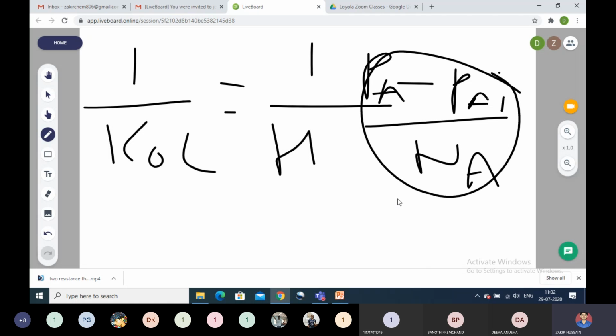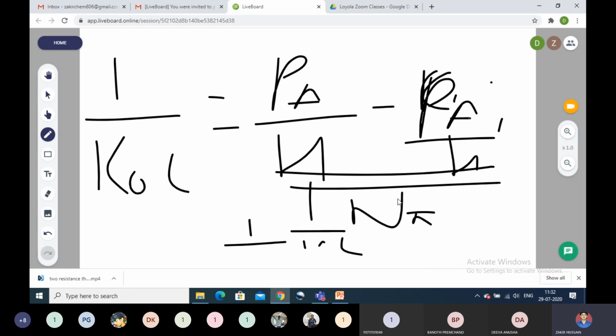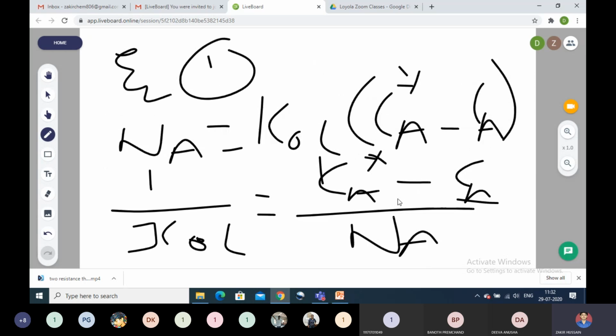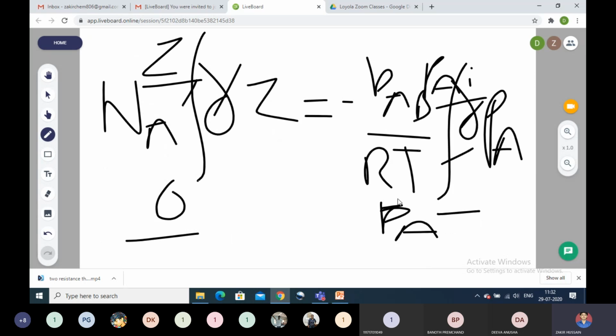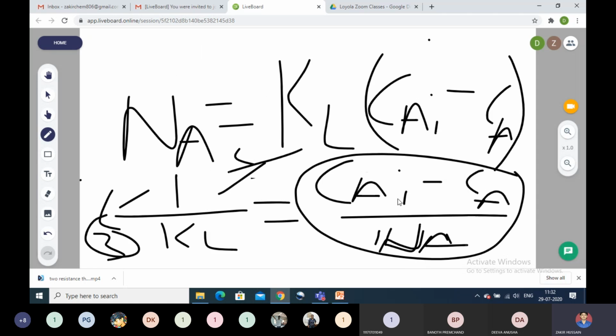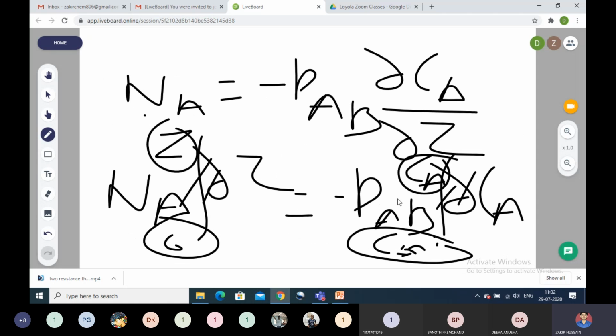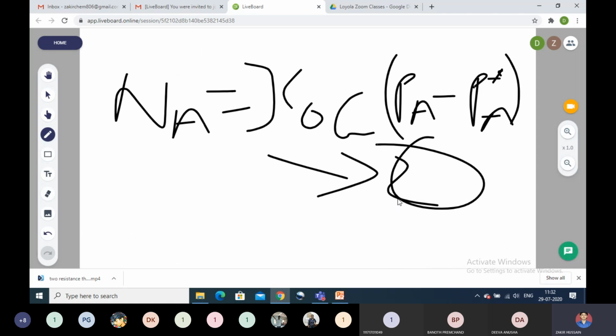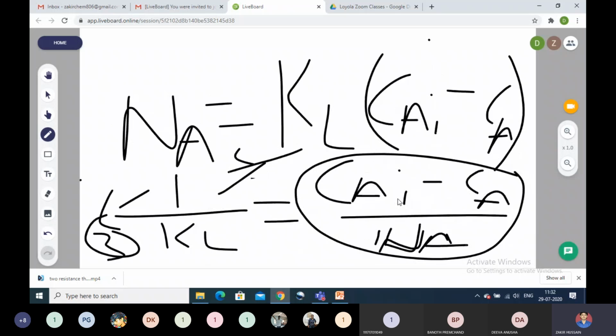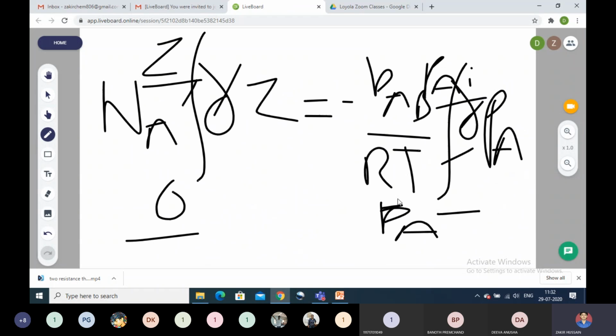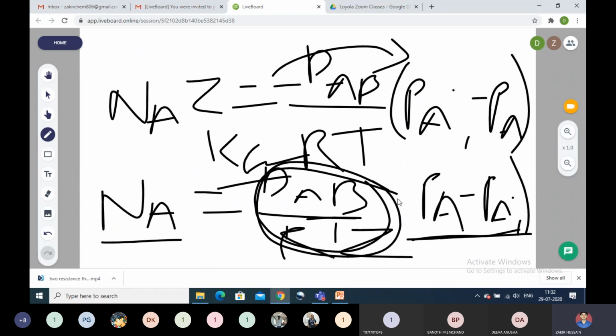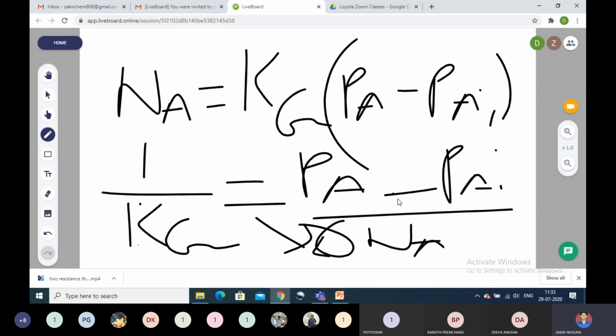Already this we know. What is Pa minus PAI by Na? From equation 4, we already know Pa minus PAI by Na is nothing but 1 by kg.